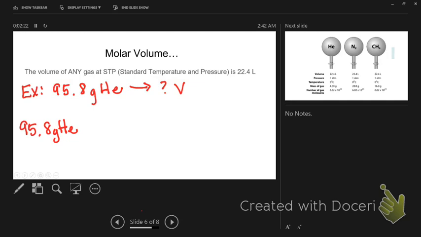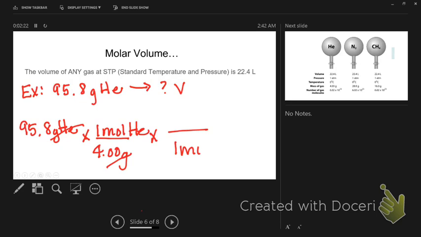And we have to change that to moles, right? So we put 1 mole of helium on top, and our molar mass of helium is 4.00 grams. So now I've changed it to moles, right? Because my grams cancel. Now I'm at moles. Is that what I want? No, it's not.